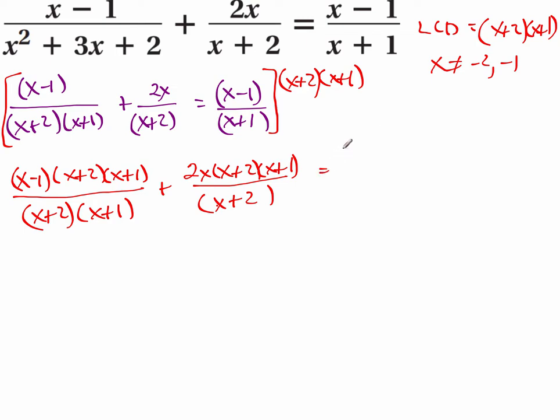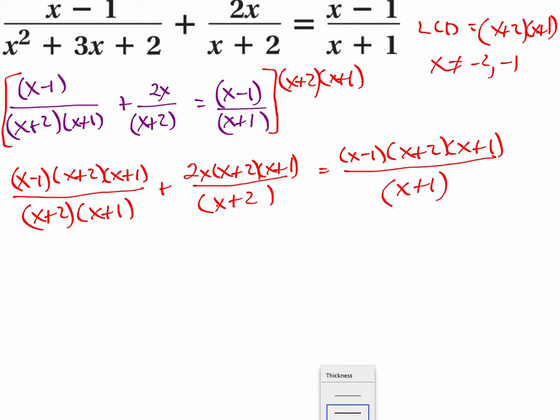And this is equal to (x minus 1) times (x plus 2) times (x plus 1) divided by (x plus 1). All right, so now let's see what kind of simplifying we can do. We should be able to get rid of our denominators at this point in time.